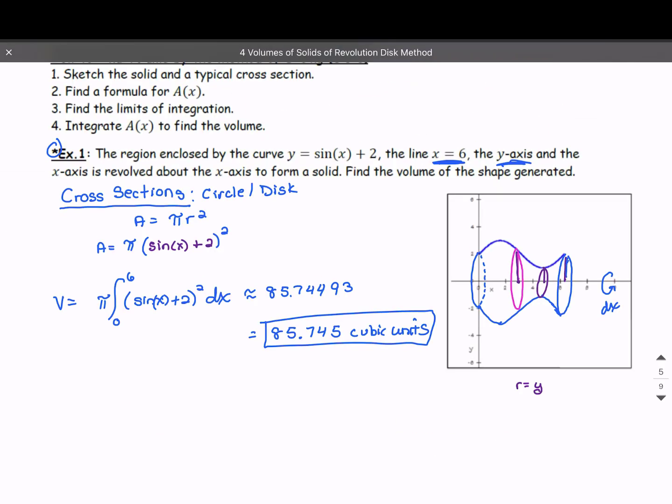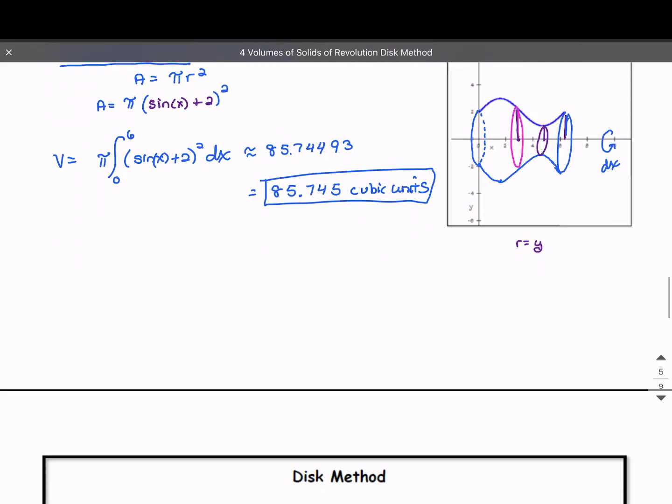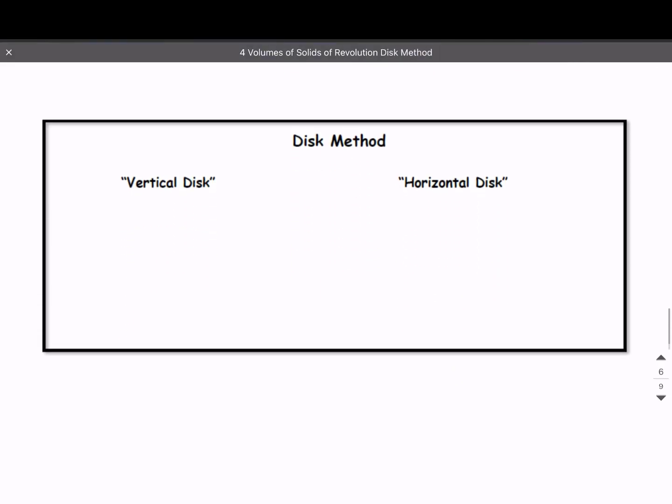Notice these circles, our cross sections are going up and down. They're vertical. So if we have vertical discs, the volume is the integral from a to b of pi y squared dx. Notice it's in terms of x. That y squared is the function in terms of x, okay?